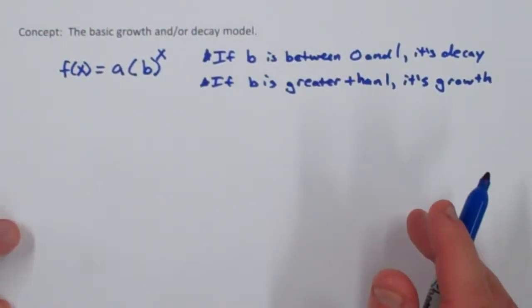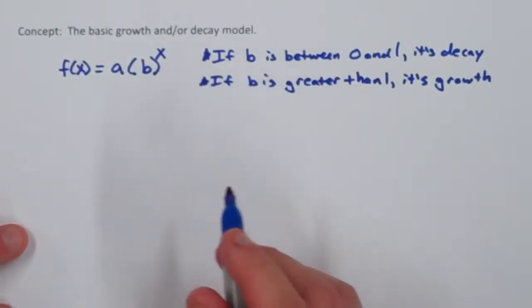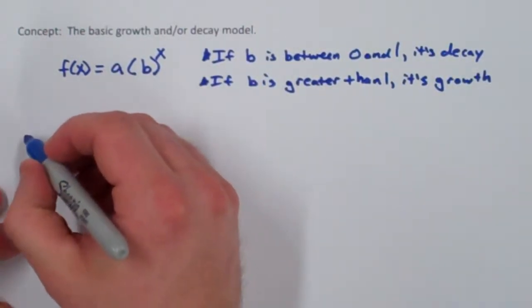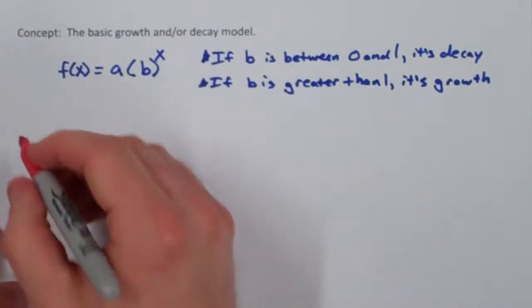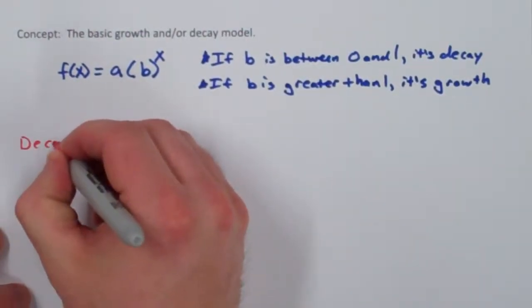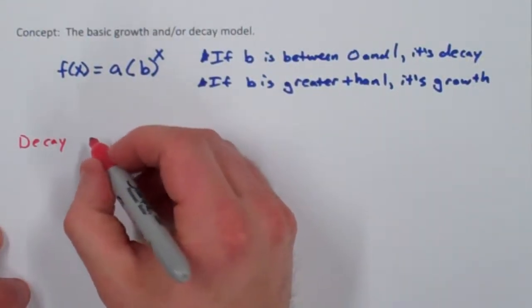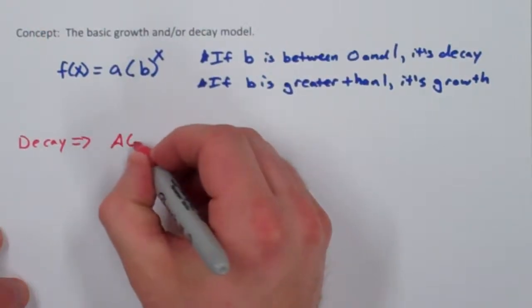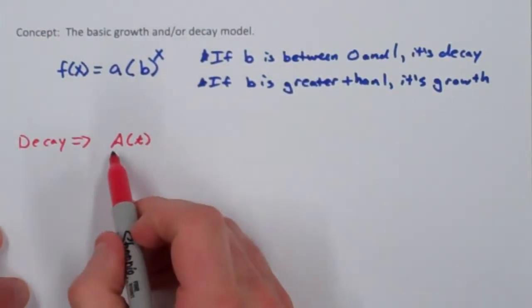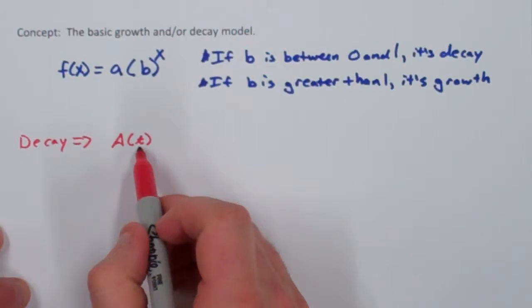There's also another way to understand this, and I want to give this to you for a decay model. So for decay, you're going to have, let's say, A at t. A is used for the final amount, and t is time.